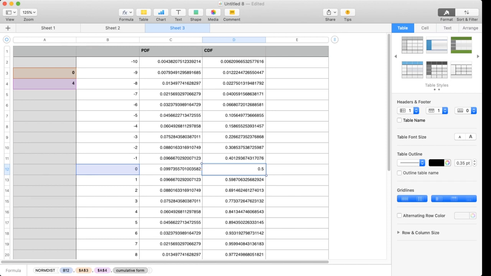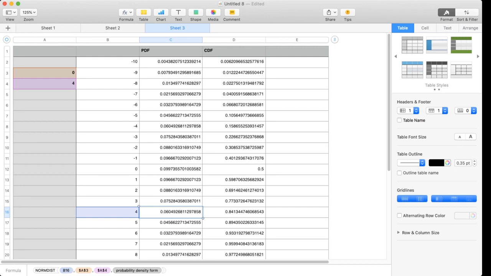Now if I plot a normal distribution curve, I can take the different values of the PDF, and at the same time different values of the CDF.